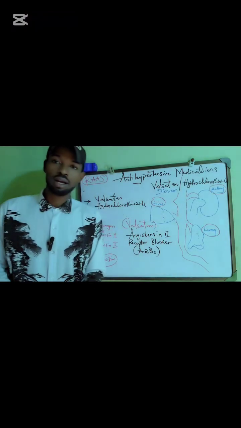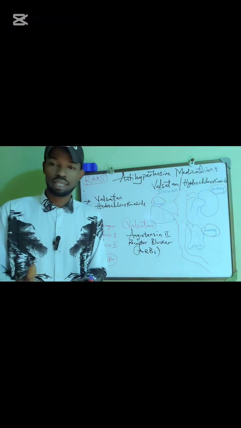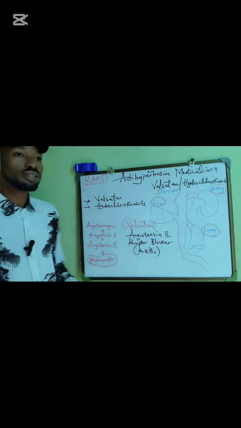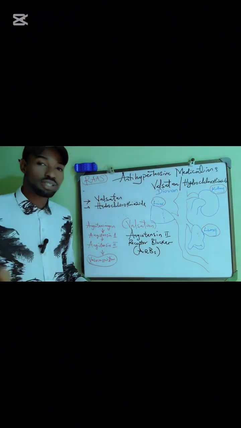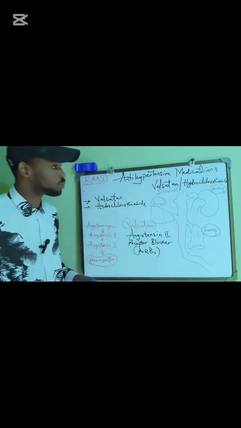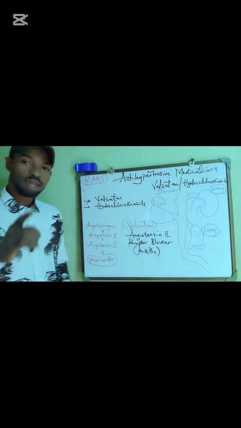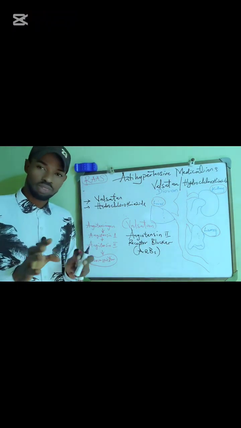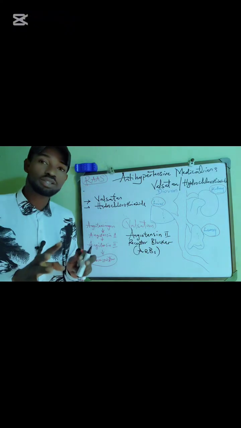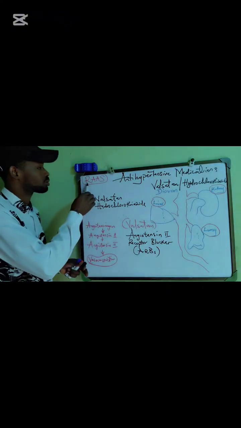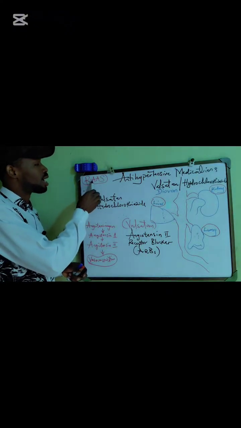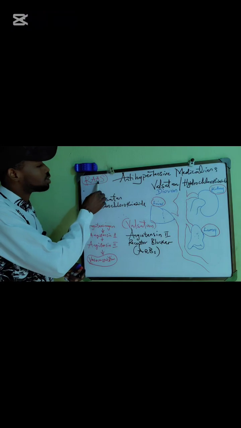Now, if you are an anatomy student, a nurse, or whatever, let us go back to angiotensinogen that we are taught in school. What is angiotensinogen? Angiotensinogen is a protein that plays a key role in the RAS, the renin angiotensin aldosterone system.